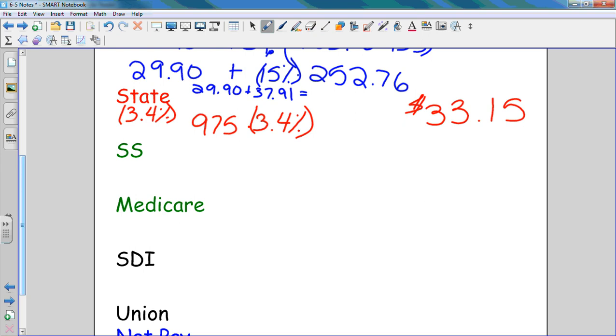Social Security. How do you find Social Security? 6.2%. Okay, so I have 6.2% for Social Security. So I take 975 times 6.2% and get $60.45.